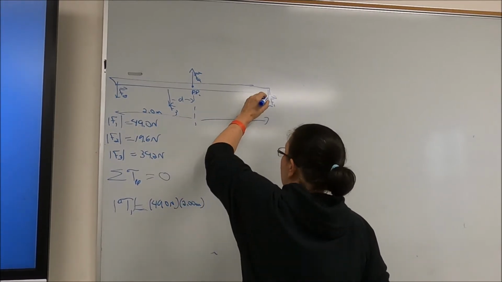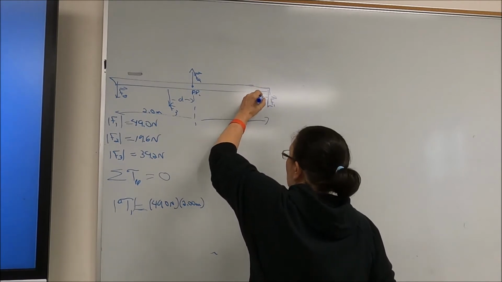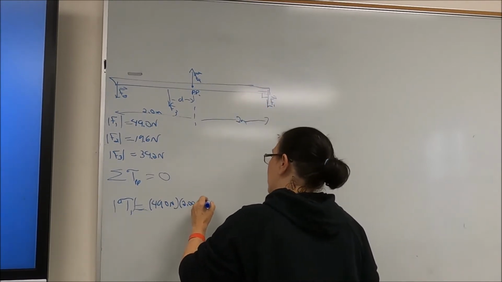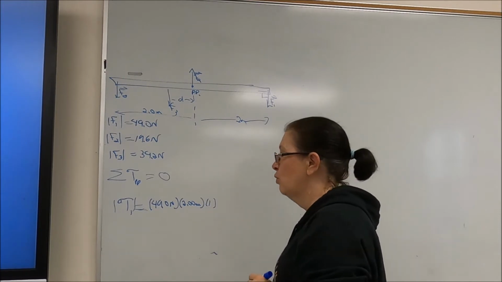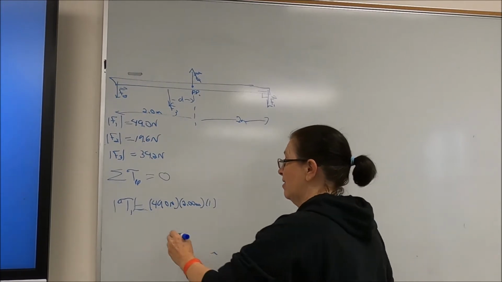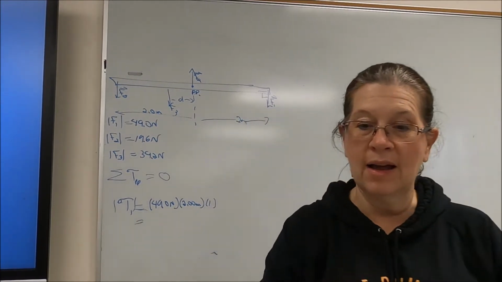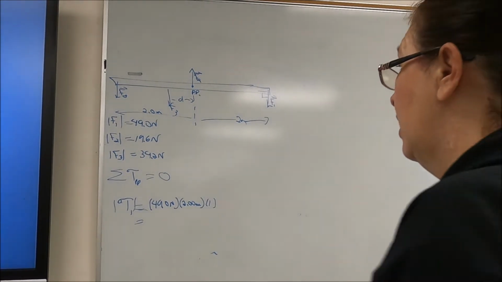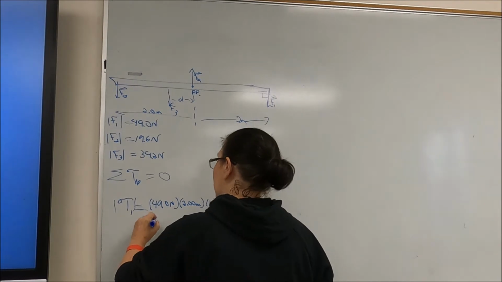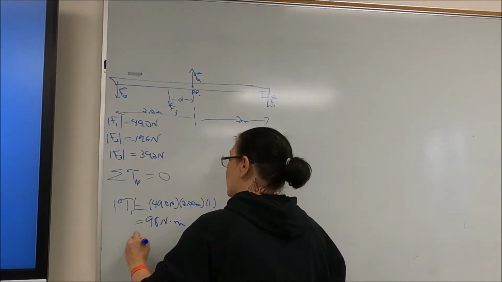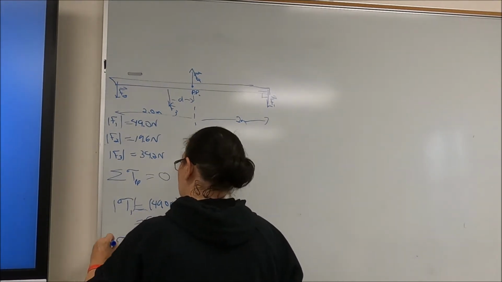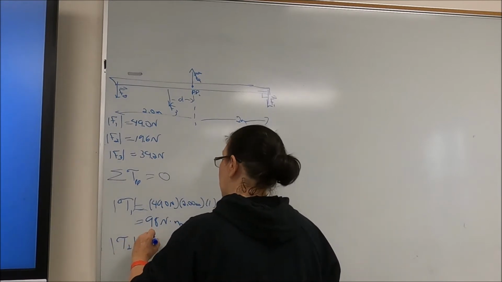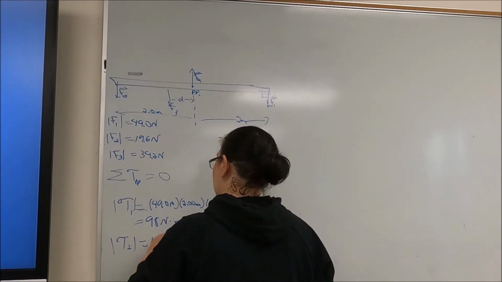And anytime you've got a 90-degree angle here, the sine of 90 is 1. I'm calculating this as a magnitude, so that's 49 times 2. That's 98 Newton meters.